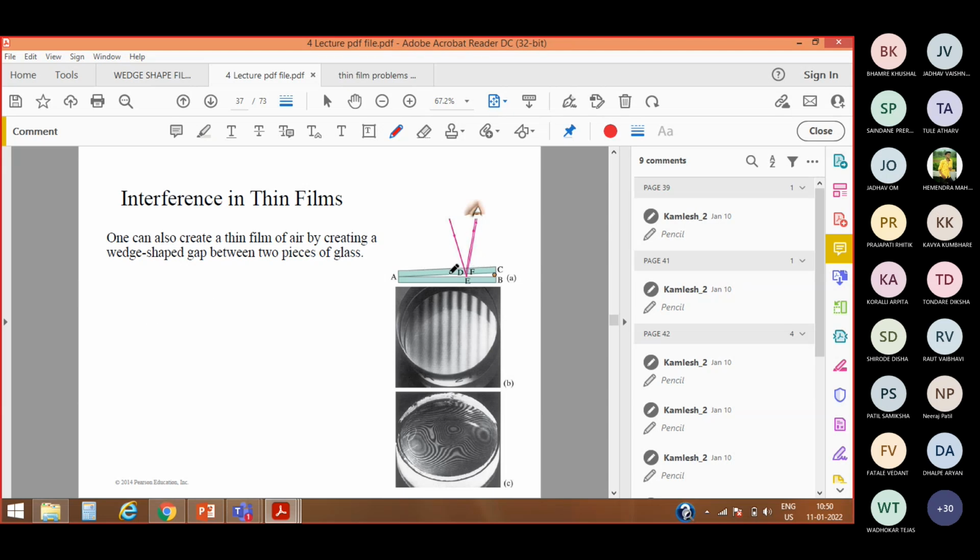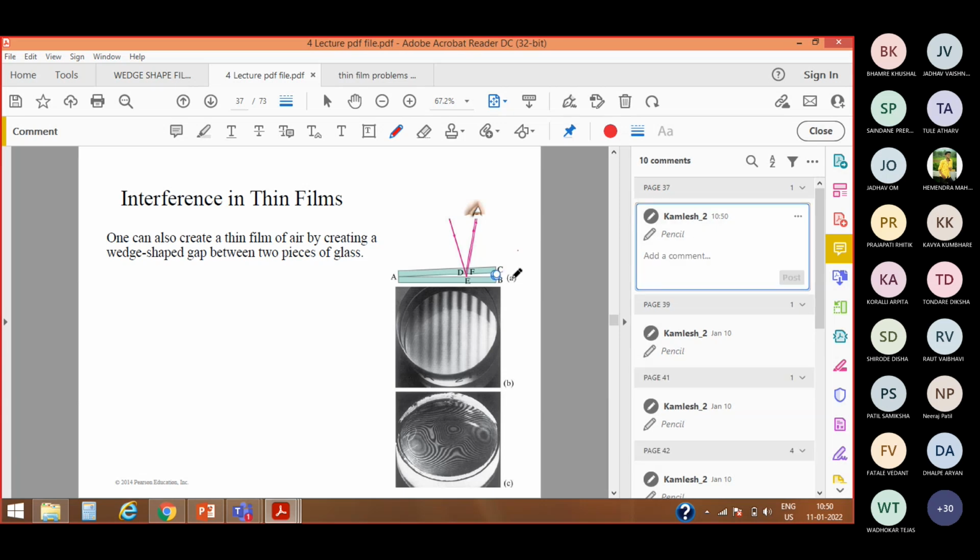It means I had taken this glass plate, that is A and C. This is the one glass plate I had taken. Then this is the another glass plate, and there is some gap. So I had kept this wire here, so that we are getting the gap between 2 glass plates.